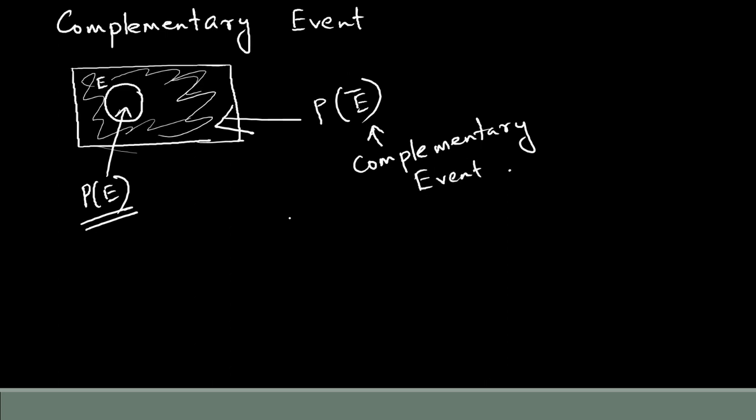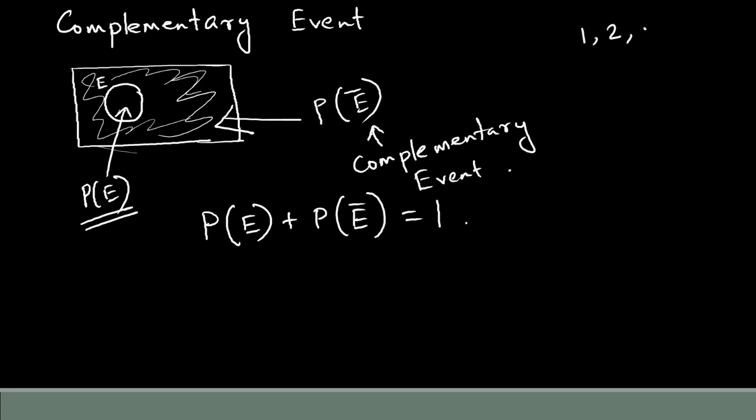As I said before, the total probability is always one, right? So the probability of E plus the probability of E complement equals 1. Let me give you a quick example. Rolling a dice, the sample space was 1 2 3 4 5 6. For the event, an even number, what were the outcomes we got?